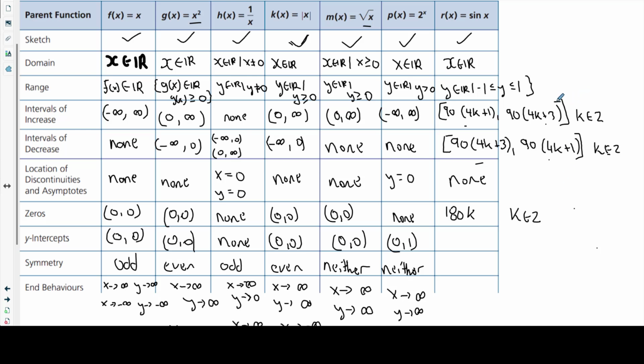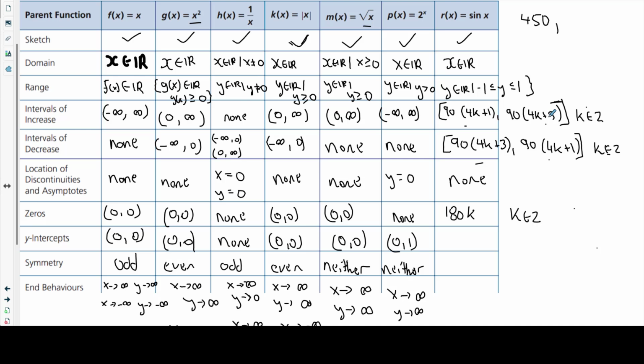Oh, I didn't actually show you, but here, if I plugged in the value of k equals 1, that's going to be 4 times 1, so 4 plus 1 is 5. What's 90 times 5? 90 times 5 is 450, right?